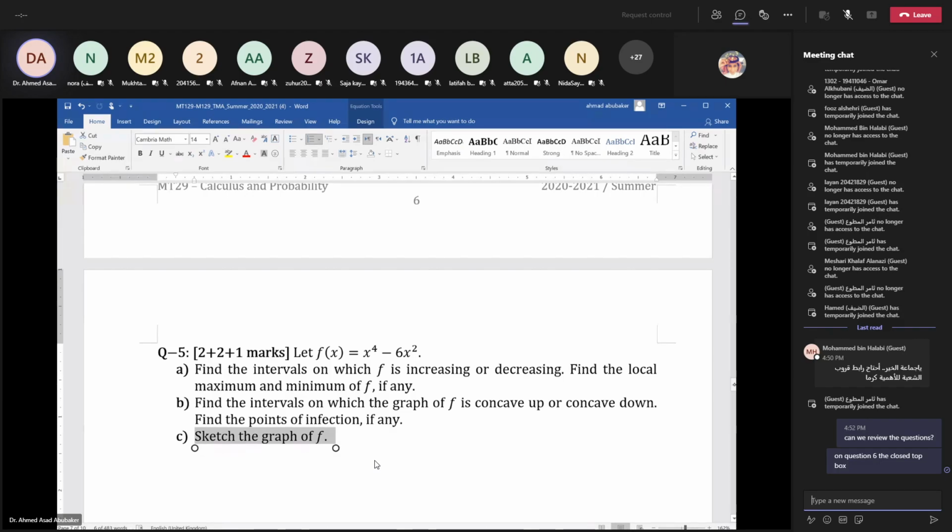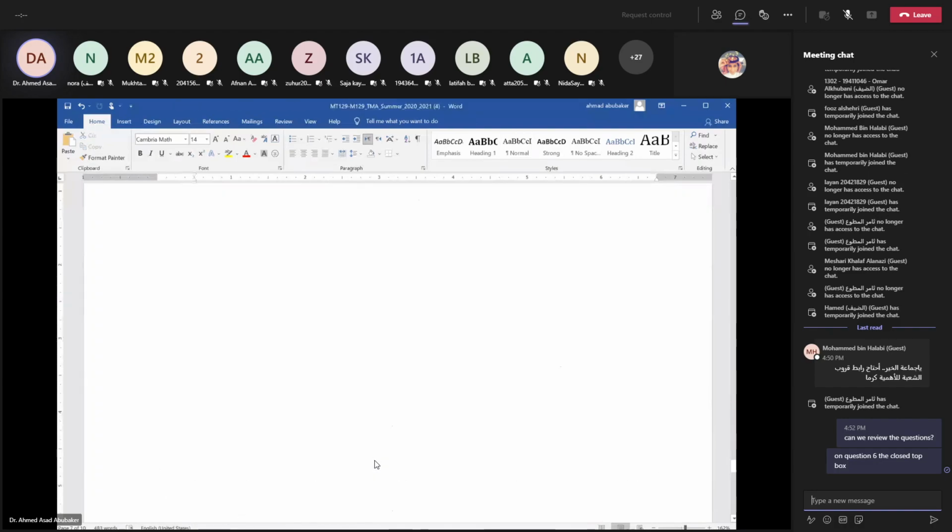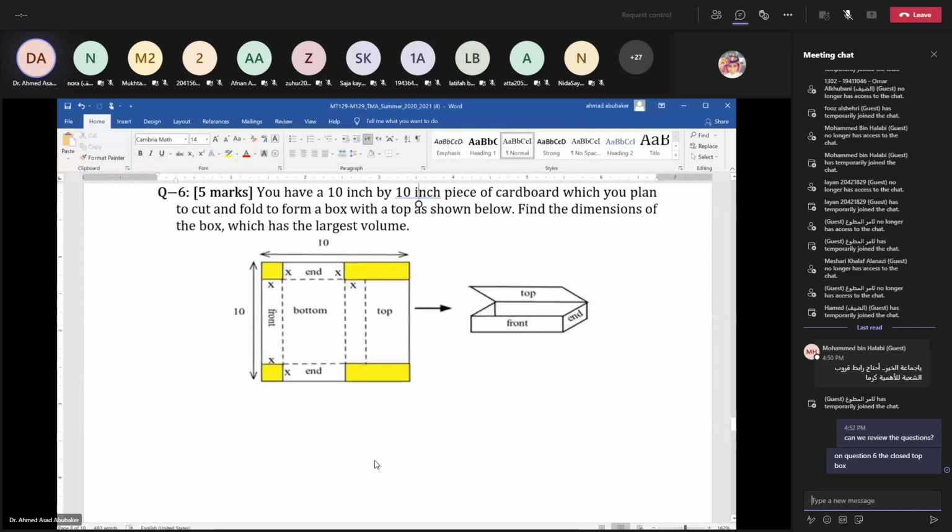Yeah, the closed box. Number 6, we have top, front, back, bottom and two sides. This is the cardboard, 10 by 10.